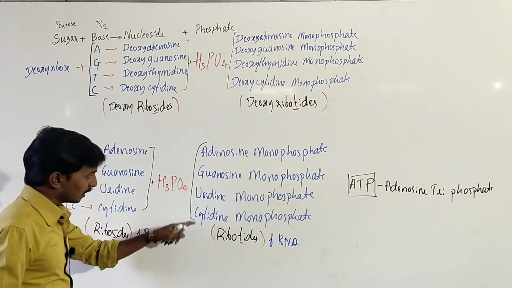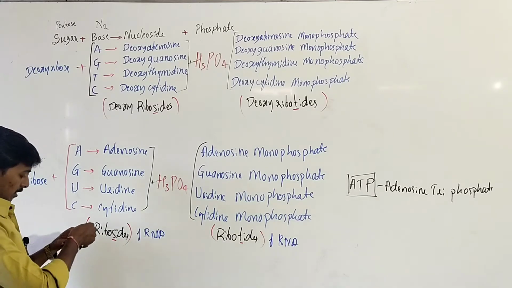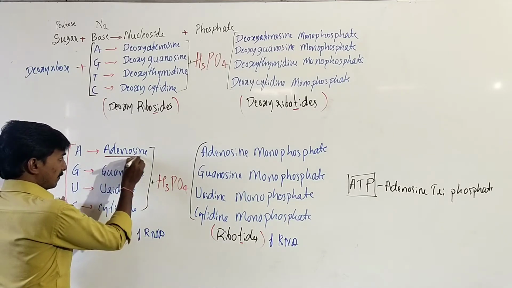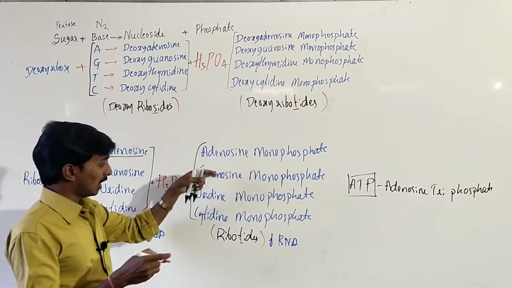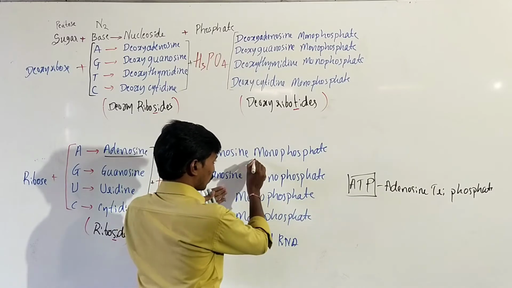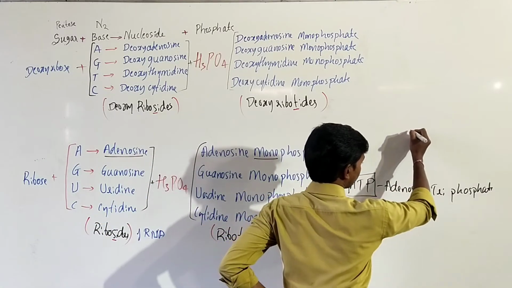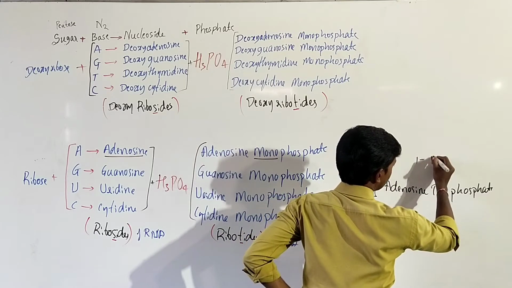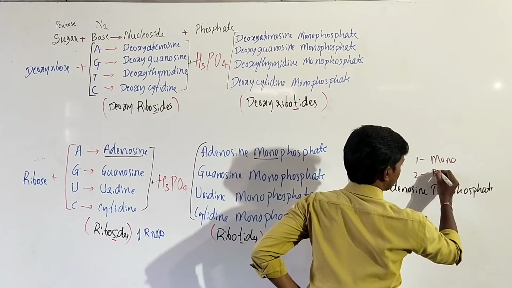Adenosine plus one phosphate is called adenosine monophosphate. One is mono, two is biphosphate, three is triphosphate.